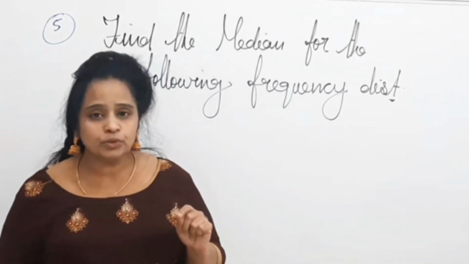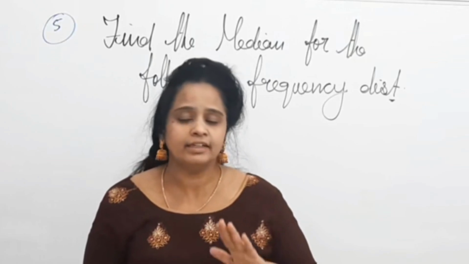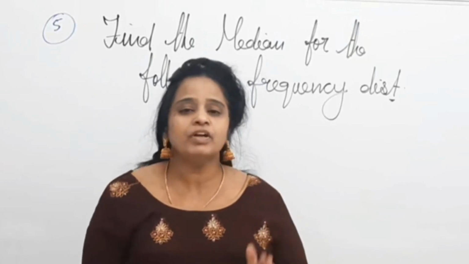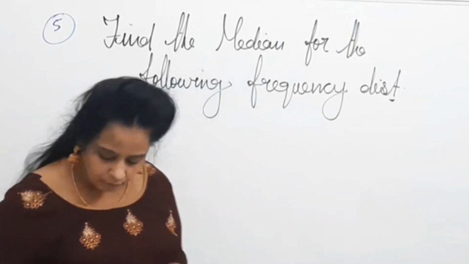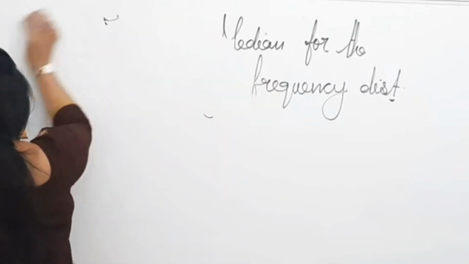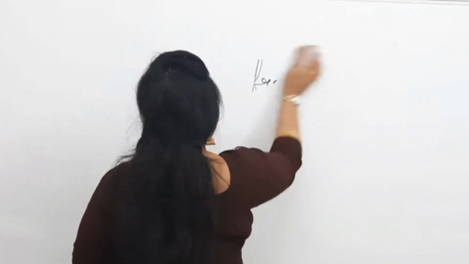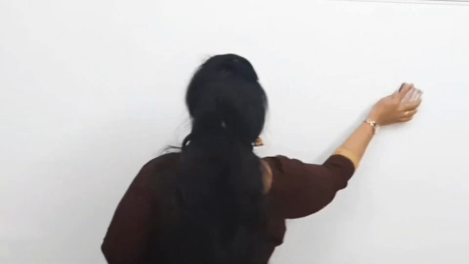Now I'm going to draw the table as it is given in the question paper, then we will convert it into class intervals. You will find mostly this kind of question under the 5 marks section, that is section E in your board paper.